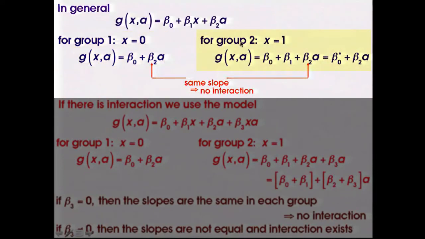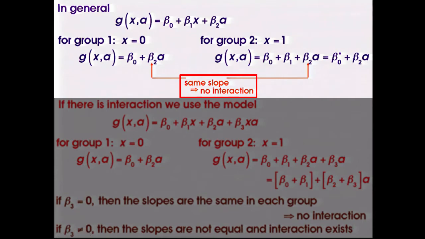For group 2, that is for x equals 1, the logit is beta naught plus beta 1 times 1 plus beta 2 times age, which is beta naught plus beta 1, equal to beta naught star. It's simply some new intercept term, but the slope, beta 2, is the same. So in this model, we have the same slope for both group 1 and group 2.